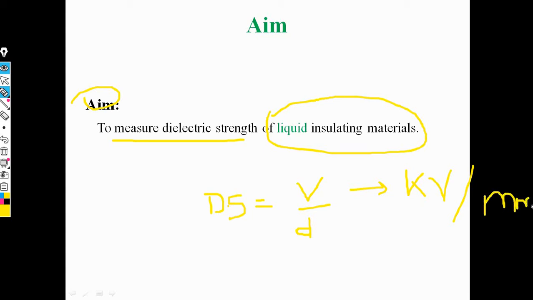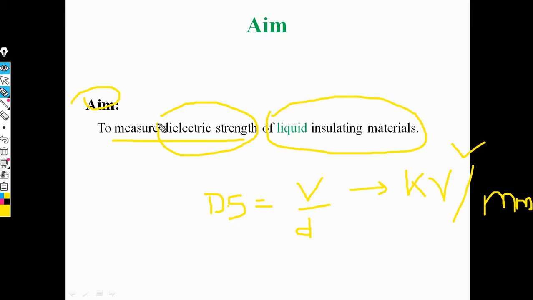The unit of dielectric strength is kilovolt per mm. That is, the dielectric strength of insulating material is the ratio of voltage upon distance, V by D.